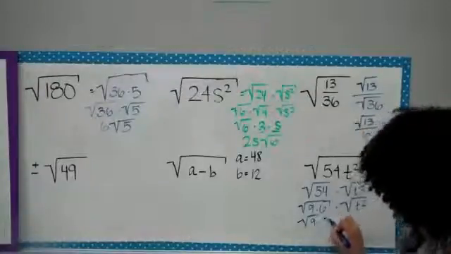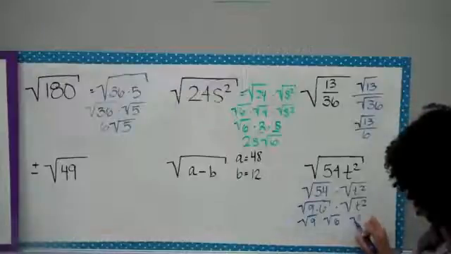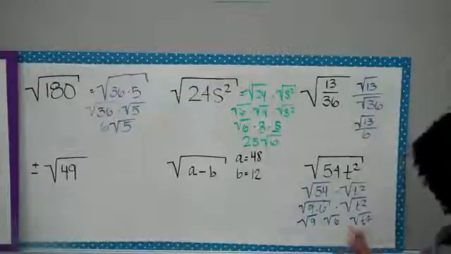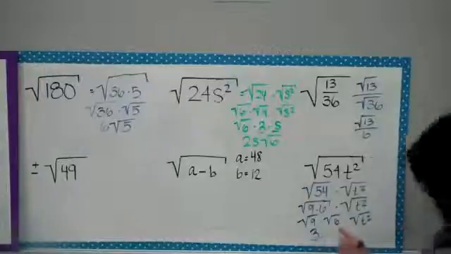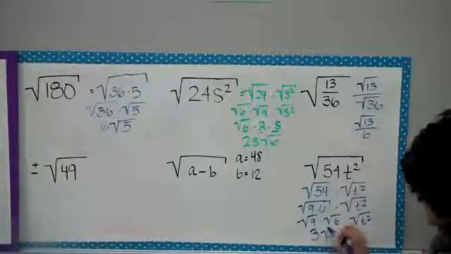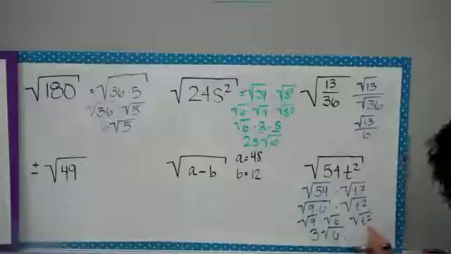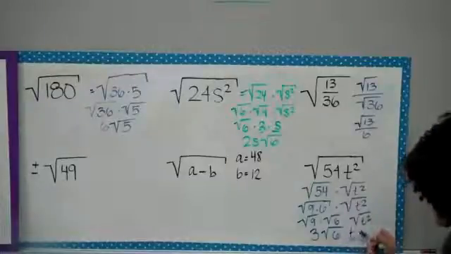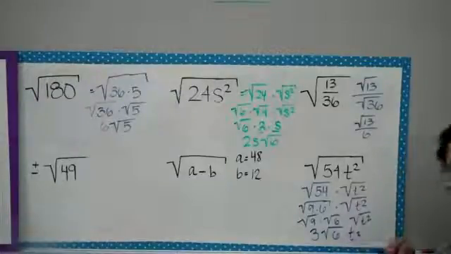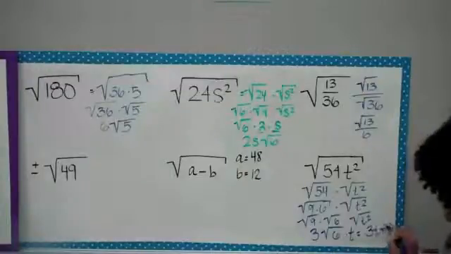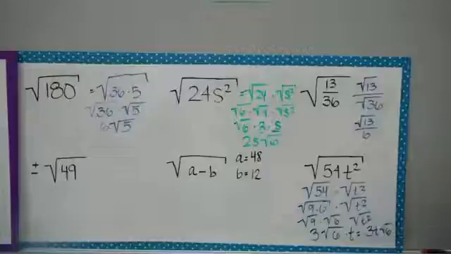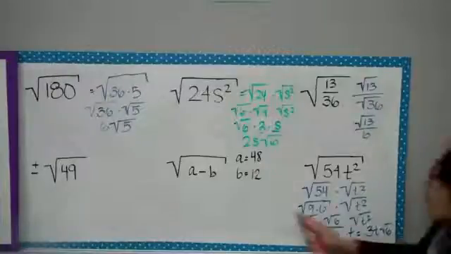Square root of 9, square root of 6, square root of t squared. Square root of 9 is 3. Here, can't do anything. Square root of t squared is t. So let me just rewrite this. I hope you can see 3t square root of 6. Beautiful.